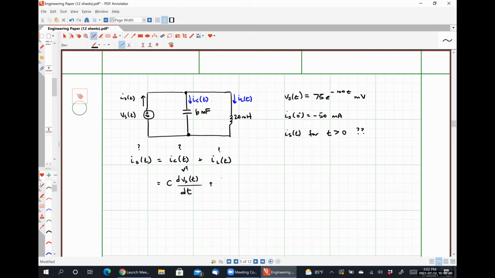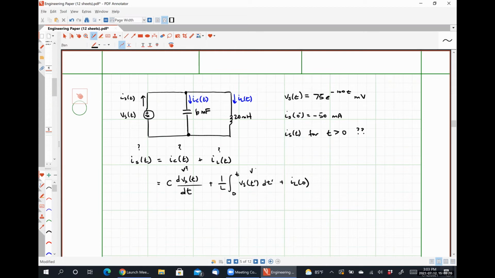And then over here for my inductor current, I'm going to have 1 over L times the integral from, I'm going to say 0 because we're given a current at time 0. So that seems like it's going to be the time where we know stuff. IL of t equals 1 over L times the integral of Vs of t prime, dt prime, plus IL at 0.